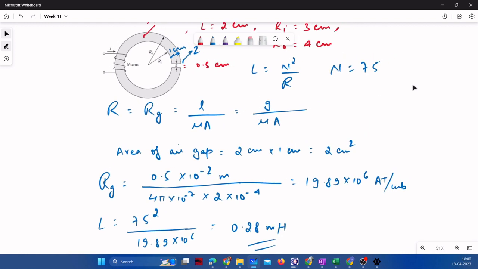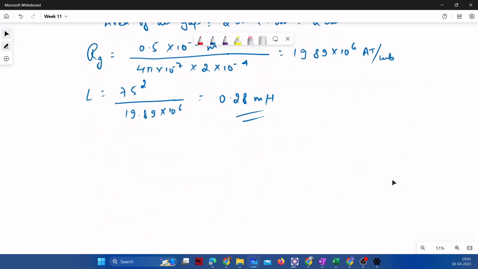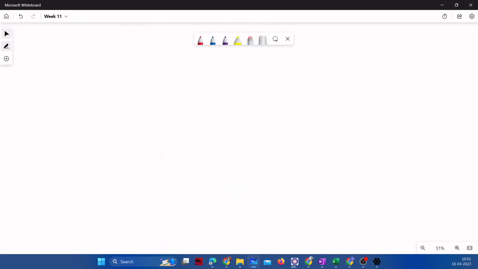It will be significantly less compared to the reluctance of the air gap. That's why here we ignore the reluctance of the core. Ideally, it should have been the addition of the reluctance of the core plus the air gap, but in such cases, we can ignore it. Okay, let us move on to another problem.